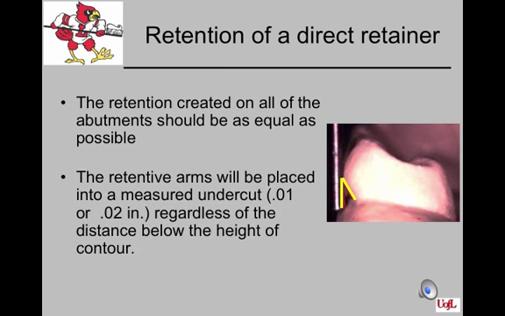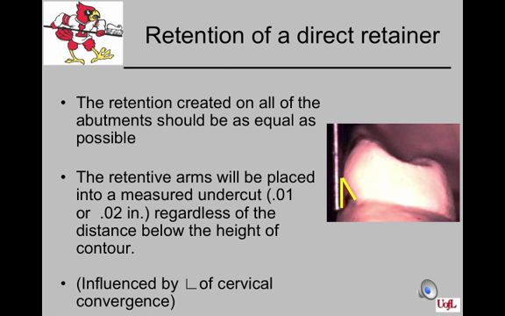The retentive arms will be placed into a measured undercut of 0.01 or 0.02 inches depending upon the type of clasp used. It will be placed regardless of the distance below the height of contour. The position, though, is influenced by the angle of cervical convergence below the height of contour.